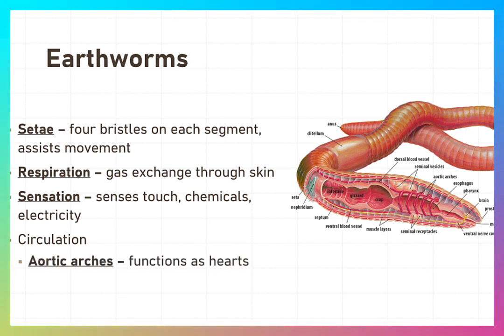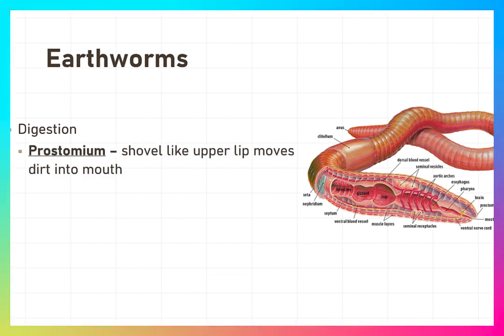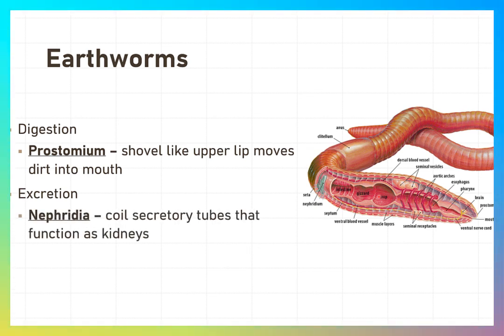And these aortic arches function as hearts. Digestion starts at the mouth, goes through the pharynx, through this area of the esophagus and into the crop. Like I said, the prostomium is like a shovel that moves dirt into the mouth. Excretion is through the nephridia, which acts like a kidney. These are tubes that function as a kidney to excrete liquid waste.